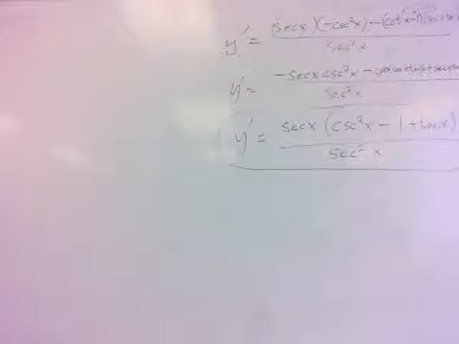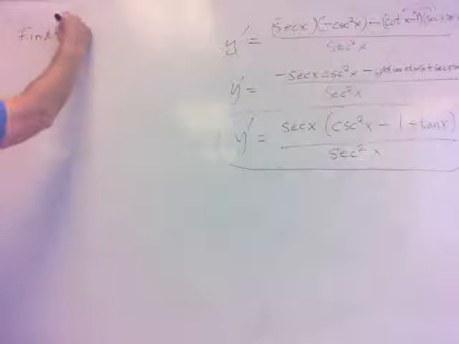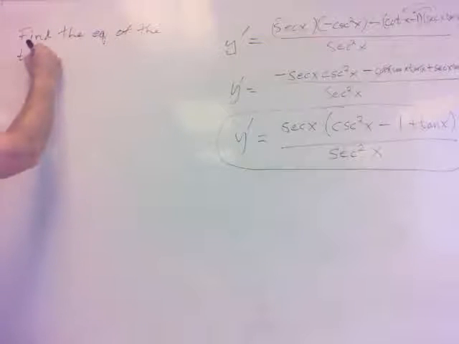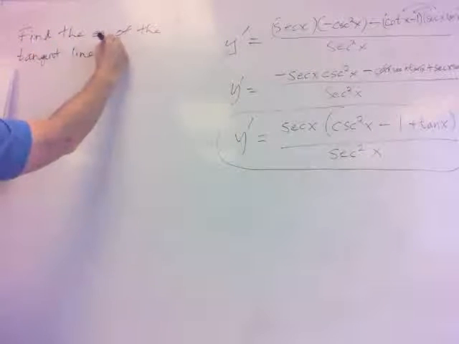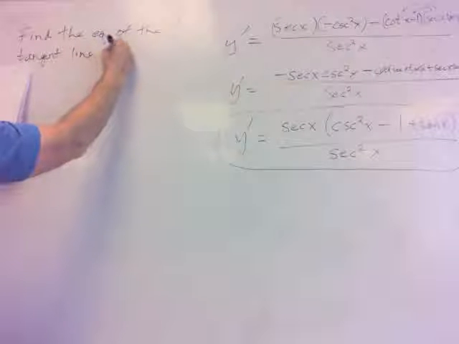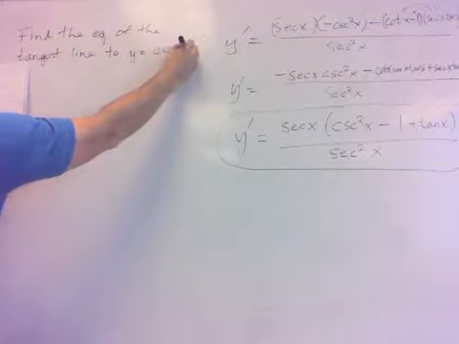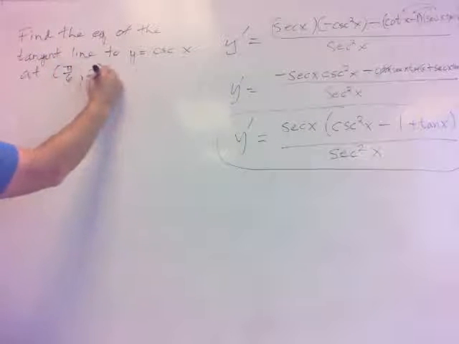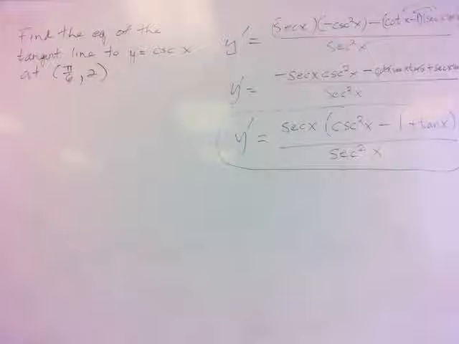Now, all right, find the equation of the tangent line to y equals cosecant x at pi over 6, comma 2.